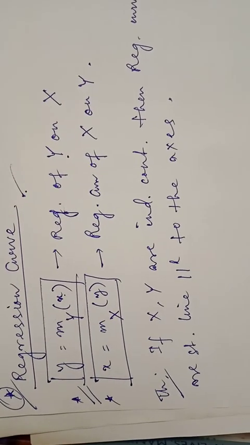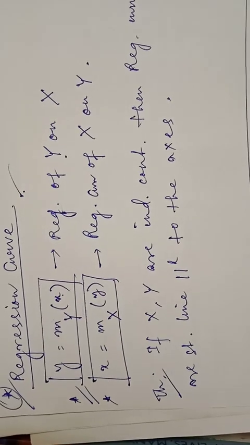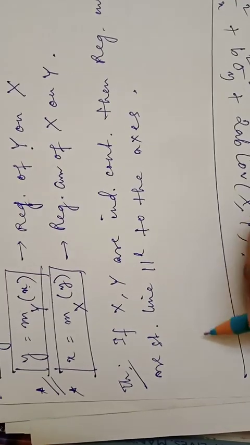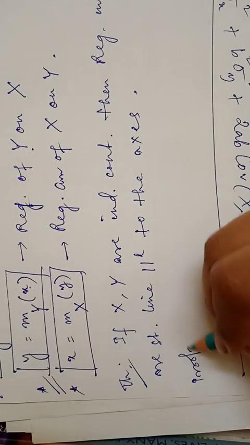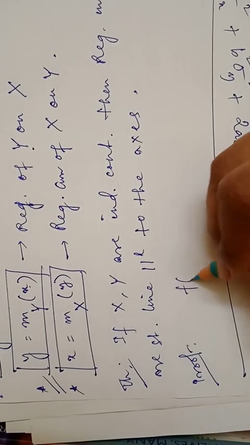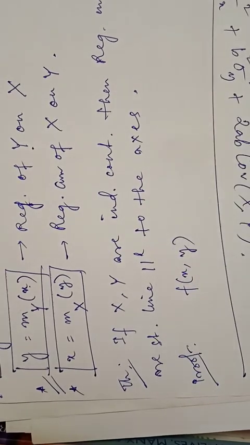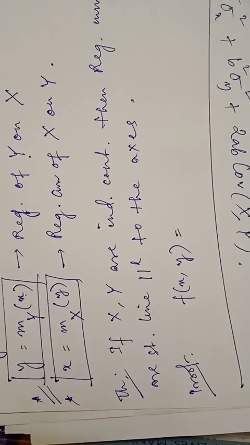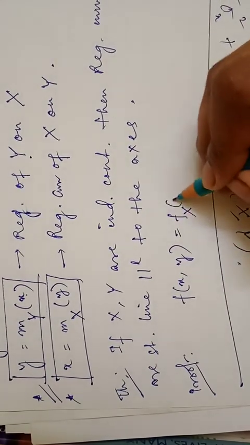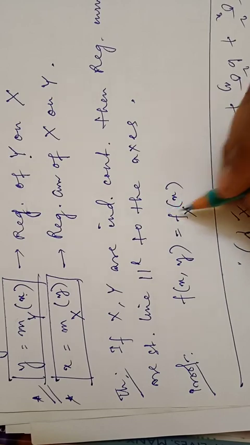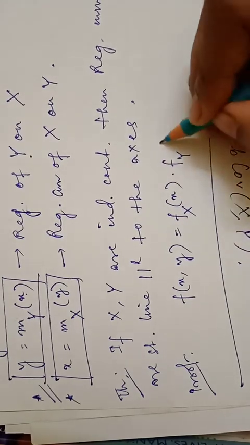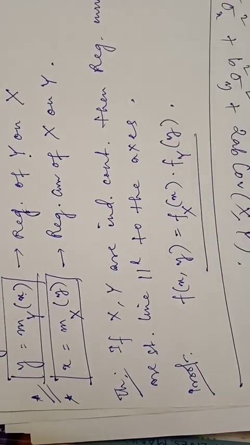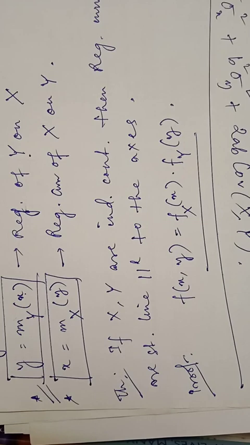Two continuous variables are said to be independent. It is already given. So for the proof, when they are independent, what can we say? The joint probability density function can be written as the product of the marginal density functions, that is f(x,y) equals f1(x) into f2(y). We have to prove that the regression curves are straight lines parallel to the axis.